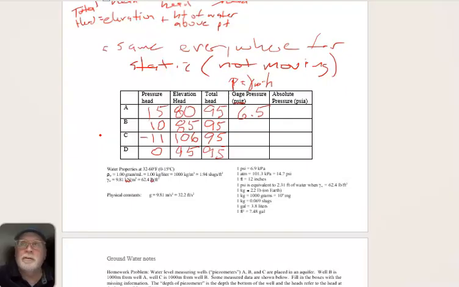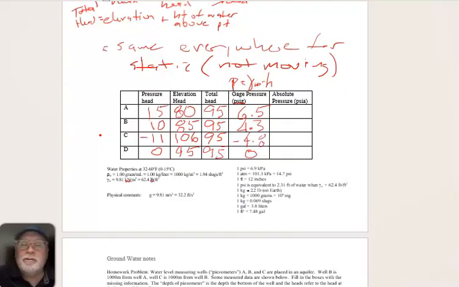Again, I'm resisting the urge to go through the development of all this in fluid mechanics or hydraulics. Similarly, 10 times 0.433, or divided by 2.31, gives us 4.3 PSI gauge, G for gauge. This one is 0. And this one, with negative pressure head, we get a negative gauge pressure. You can have a negative gauge pressure.